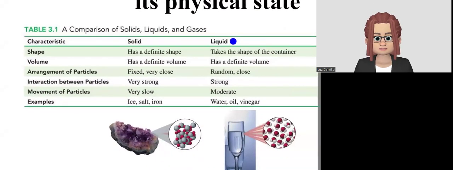When it comes to a liquid, those substances are going to take the shape of the container. They have a definite volume. The arrangement of the particles is random, but they're close. The interaction between the particles is strong. And then the movement of those particles is moderate.